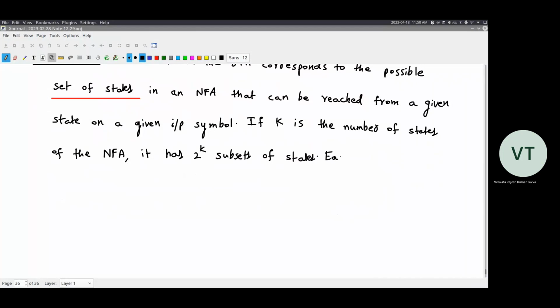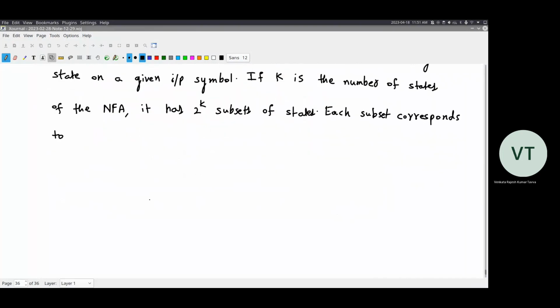Each subset corresponds to one of the possibilities that the DFA must remember.